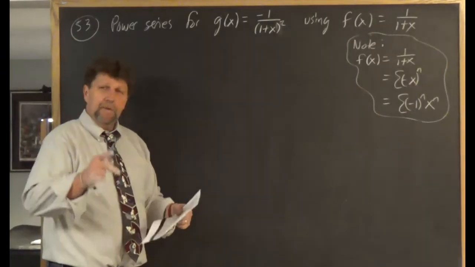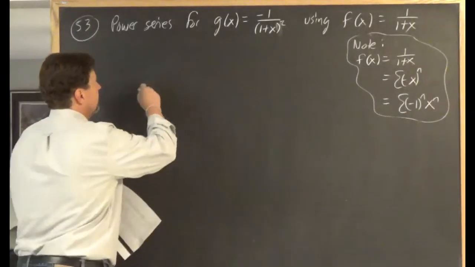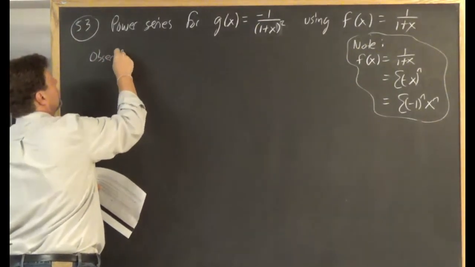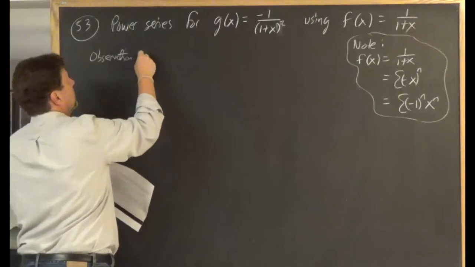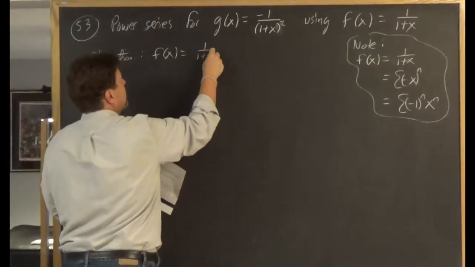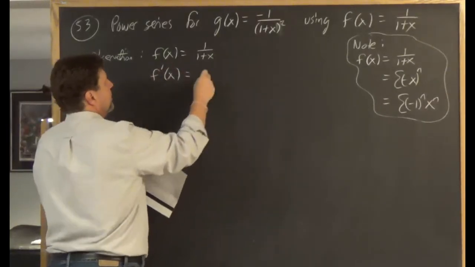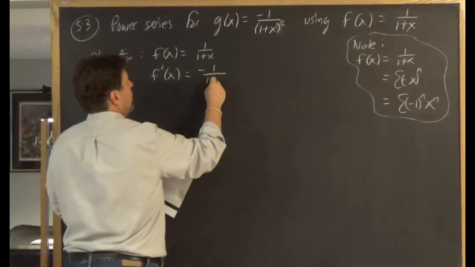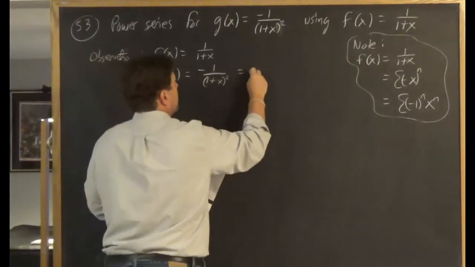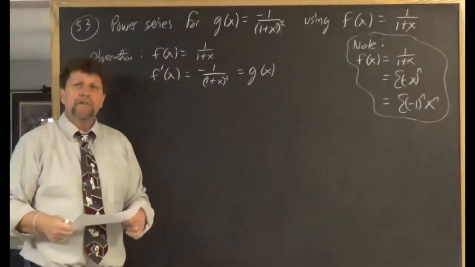Okay, now here's my first real quick observation. For the function 1 over 1 plus x, if I take the derivative of that function, I get negative 1 over 1 plus x quantity squared, which is equal to the function I'm trying to get a power series for.